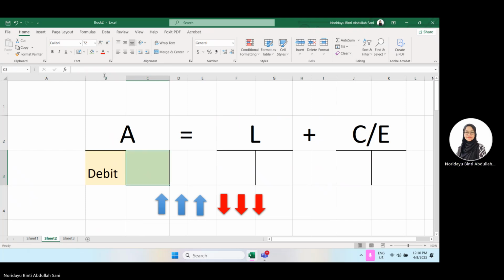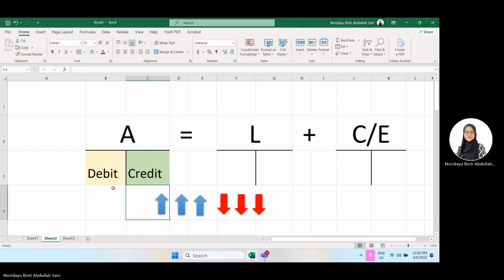And for my right side, we are going to call it the credit side. So as you can see, I have this T account. On my left side, I address it as debit side. On my right side, I address it as credit side.